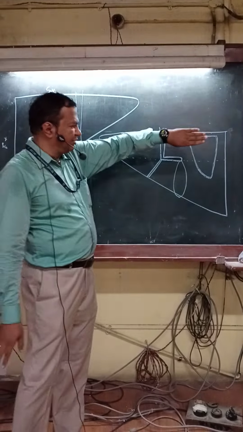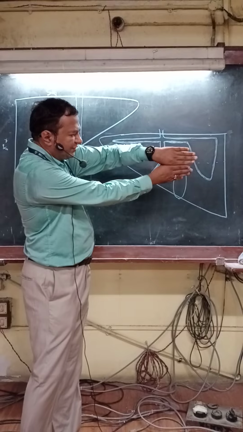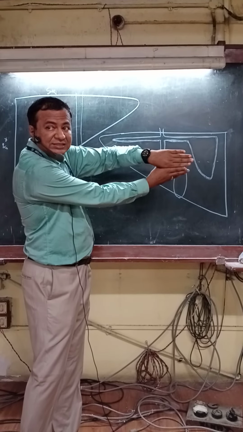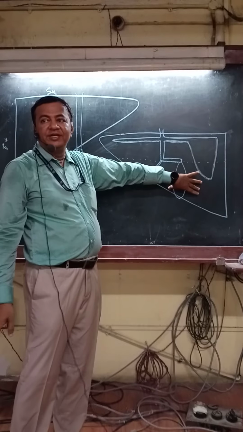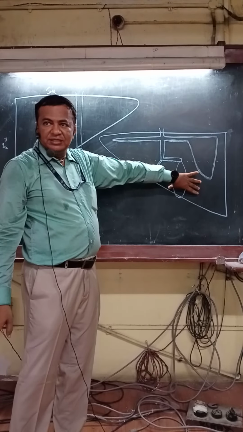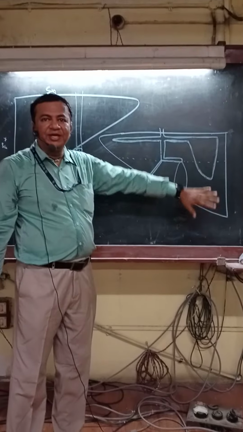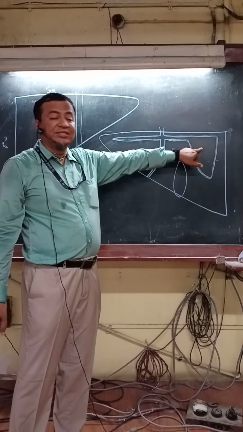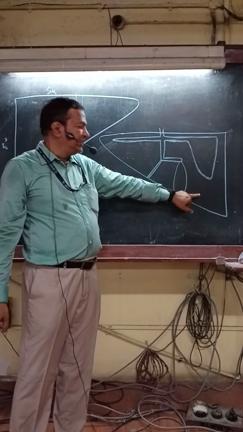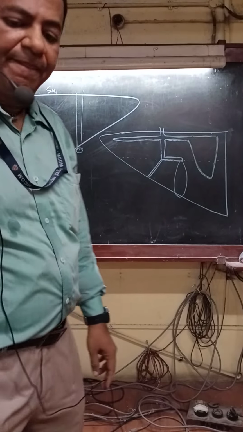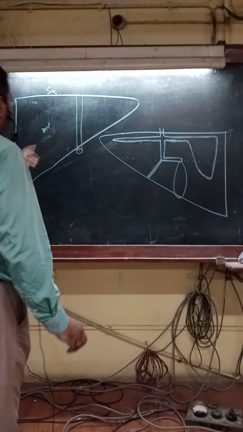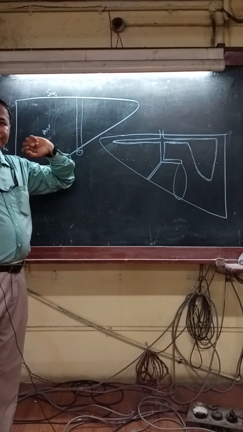So posterior surface is like this, and inferior surface goes slightly like this. So this is called inferior surface. So this whole may appear in one plane, but there are two surfaces here. This is posterior and this is inferior. And this is superior surface.